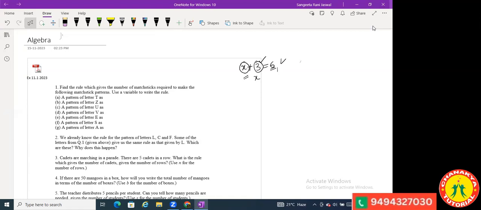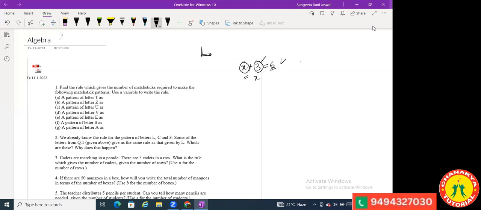So here is the matchstick pattern. Now see here in alphabets, when we make a simple alphabet, I take an alphabet L. To make L, I need how many matchsticks? One vertically like this, then another one like this. I need 2 matchsticks.